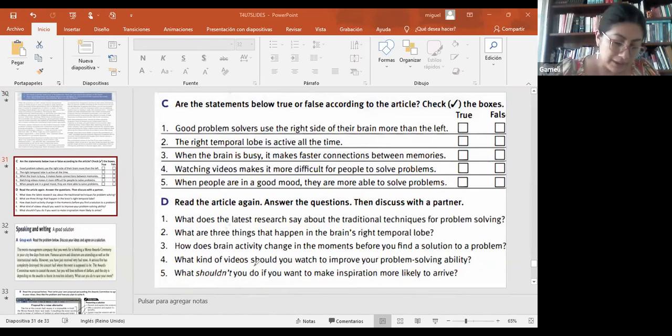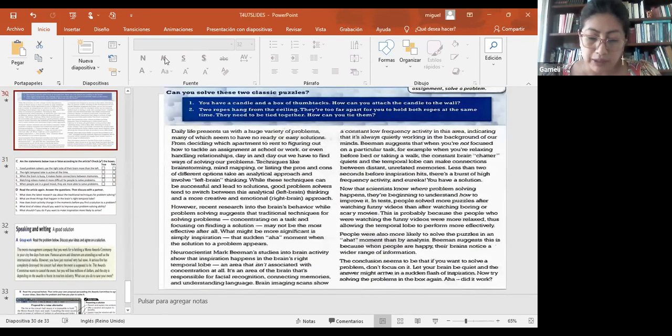We found it in the second paragraph, on the right side: less than 2 seconds before inspiration hits, there's a burst of high frequency activity. Eureka, you have a solution. So before, we were talking that you are in a relaxing moment and then you get the solution.